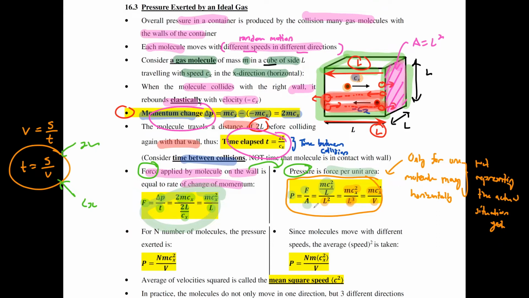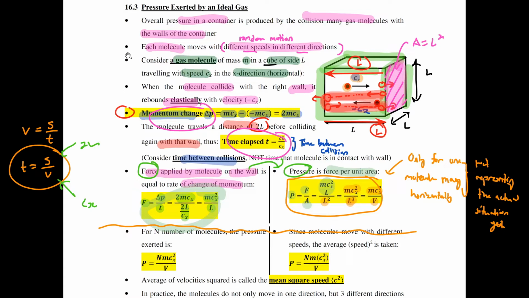Okay, because here it's only talking about one molecule moving horizontally hitting the wall. This is the pressure exerted by that one molecule. So you want to expand it further so that it actually covers all the gas molecules. Okay, so from here onwards, you're actually trying to expand your derivation to include the real life situation.